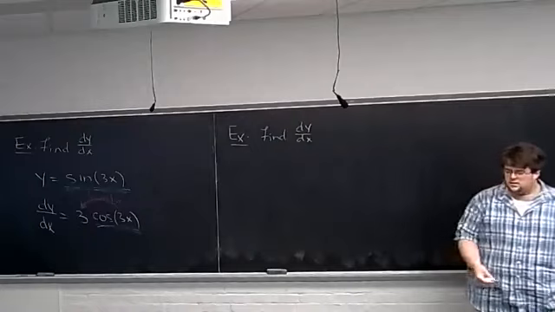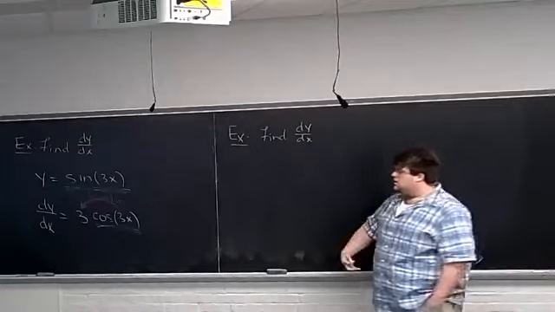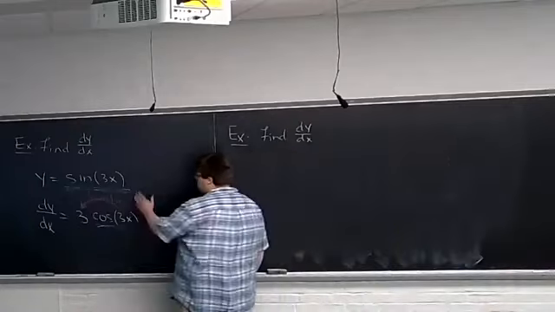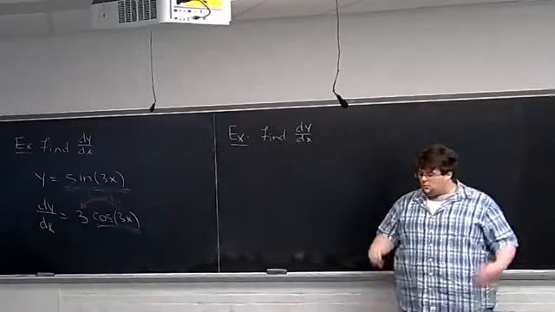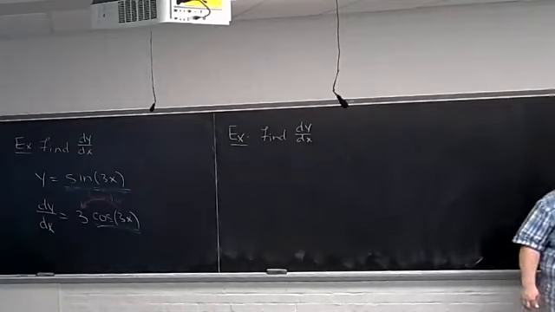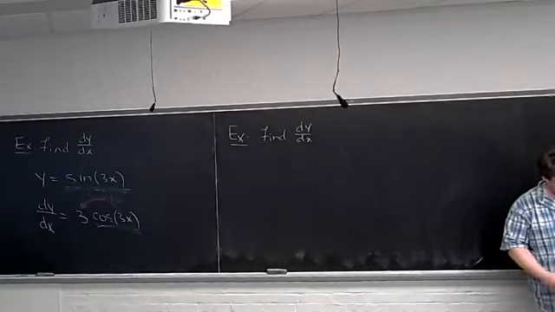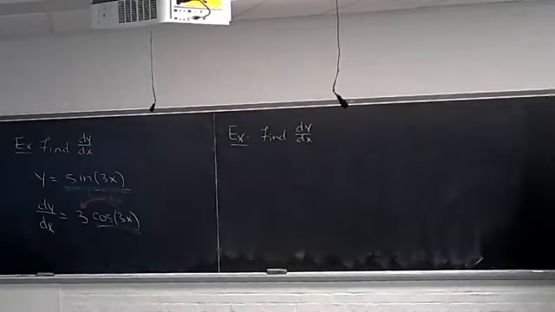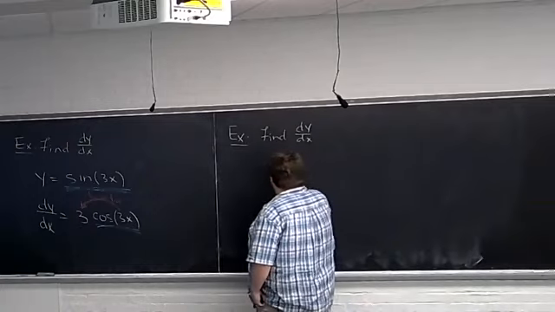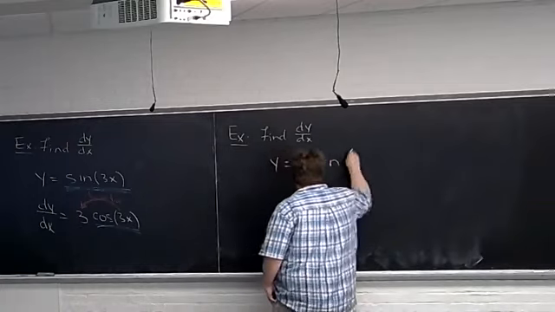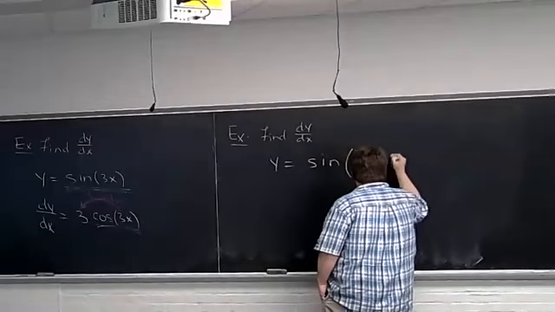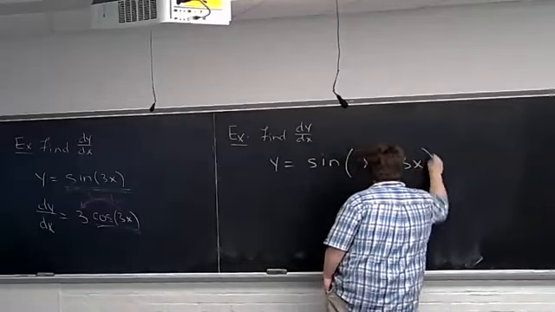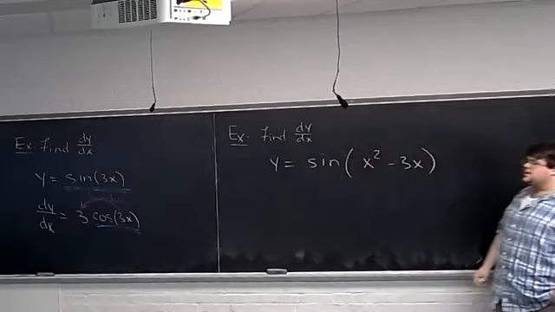But for these, I will go through the u substitution because this is really something you get used to with a good deal of practice, and one problem usually isn't enough practice. So let's do this one: sine of x squared minus 3x.